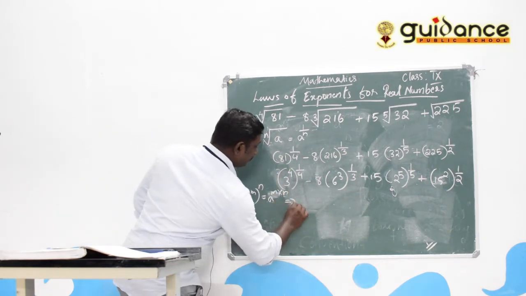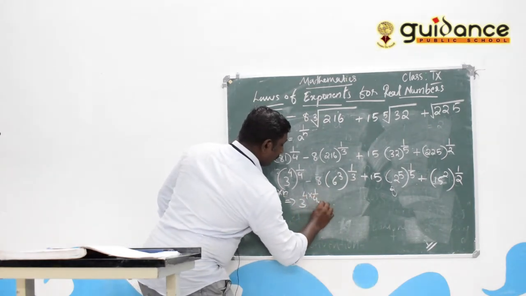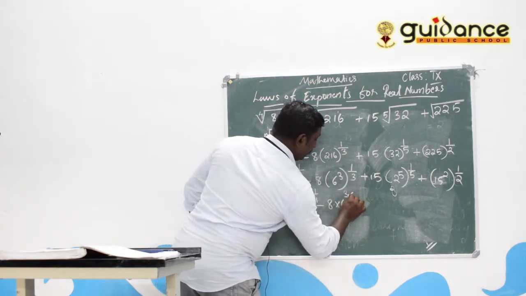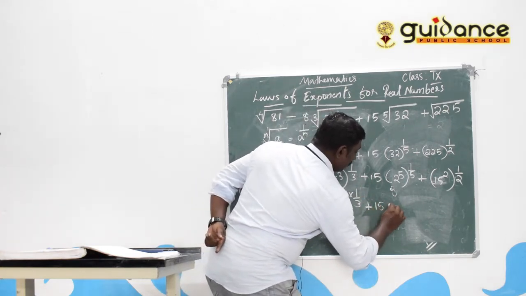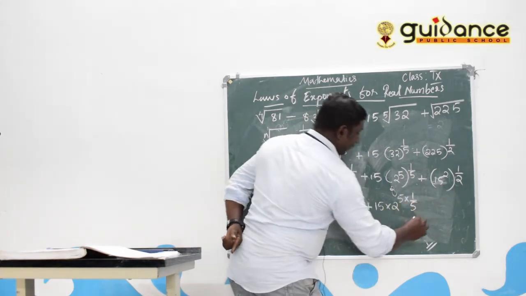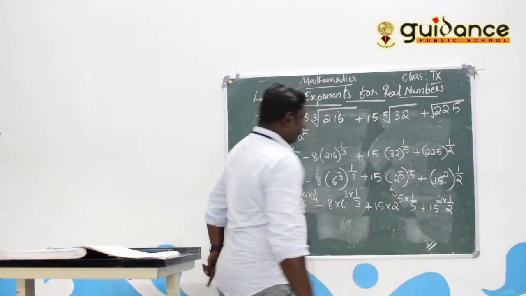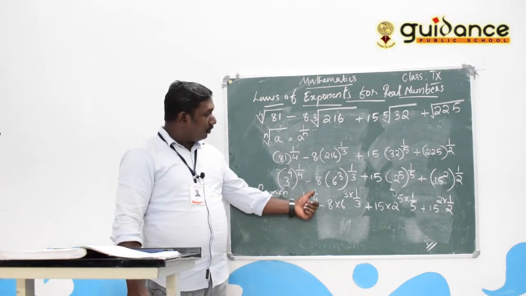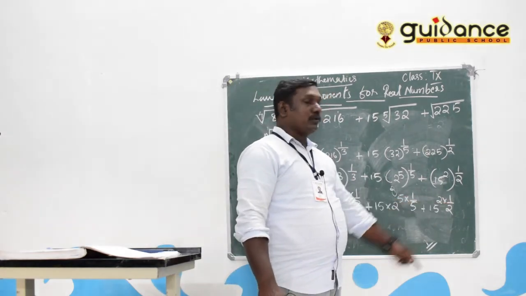So we can write as 3 raised to 4 into 1 by 4 minus 8 into 6 raised to 3 into 1 by 3 plus 15 into 2 raised to 5 into 1 by 5 plus 15 into 2 into 1 by 2. Look here, we can multiply both exponents, that is 4 into 1 by 4, 3 into 1 by 3, 5 into 1 by 5, 2 into 1 by 2.